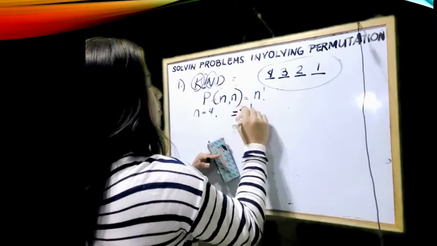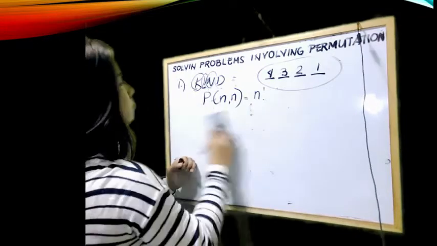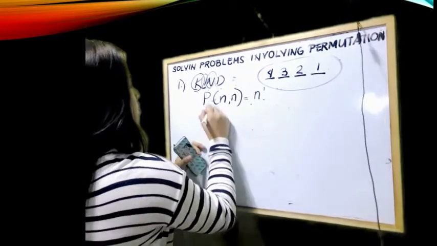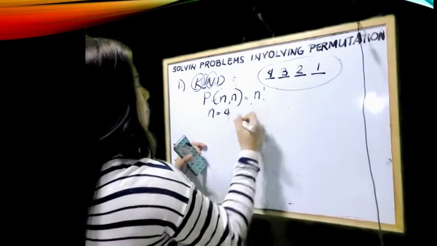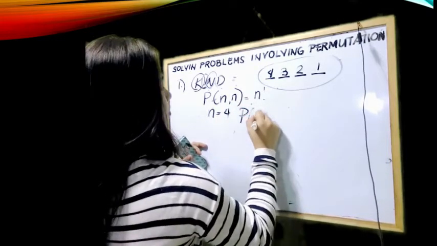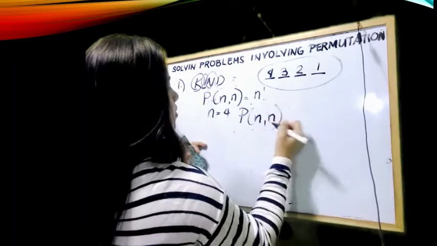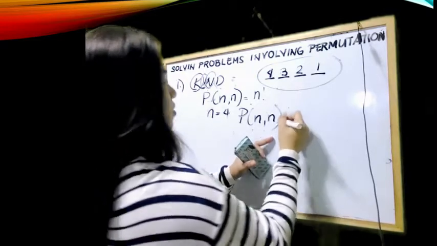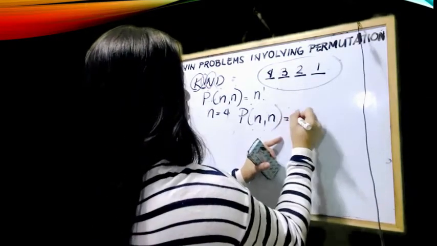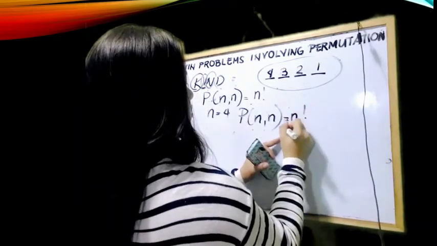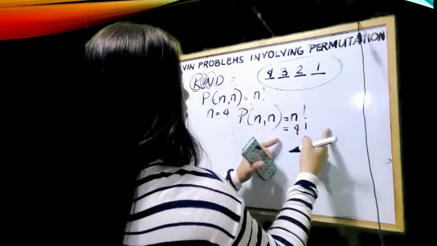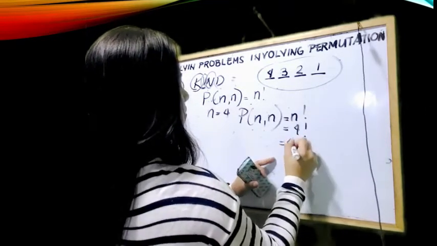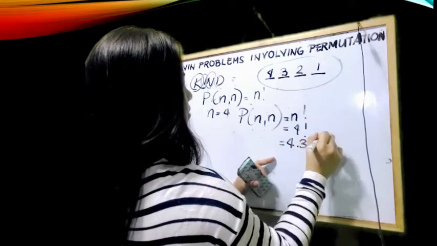4 factorial, your n is equal to 4, and your P, taking all objects at the same time, is equal to n factorial, which is 4 factorial, which is 4 times 3 times 2 times 1.